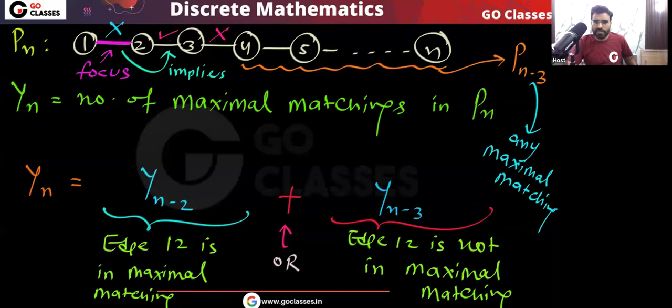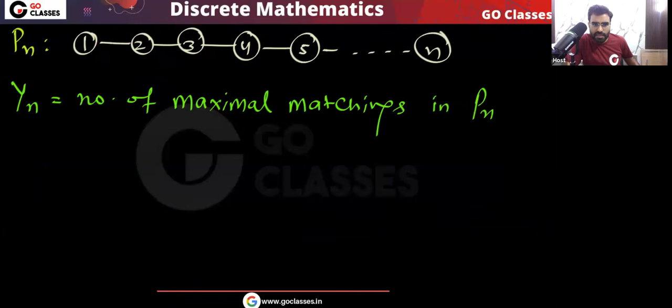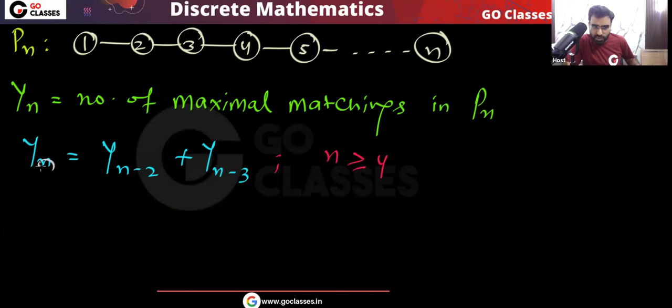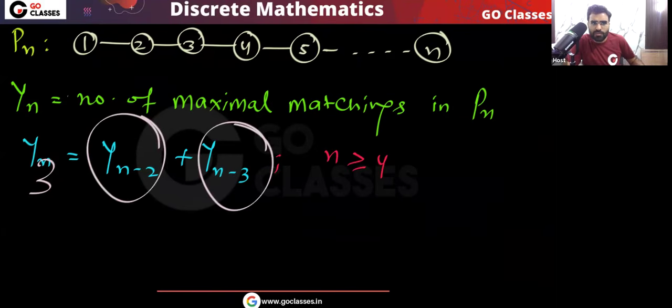Okay, that's it. So finally I can say that Yn will be equal to Yn minus 2 plus Yn minus 3. Okay, and this recurrence relation will work when n is greater than or equal to 4. Because if you put n equal to 3 here, then we will get y3 equal to y0 plus y1.